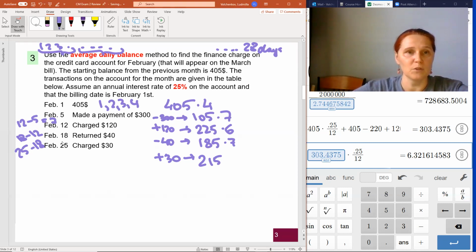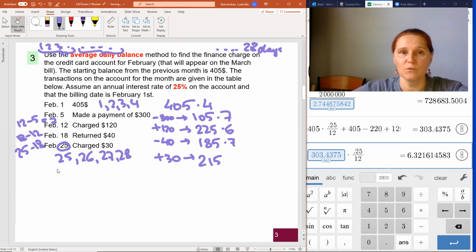It is very important. So this last balance was from February 25th, 26th, 27th, 28th. 4 days. We multiply by 4. And now we add all these balances together.